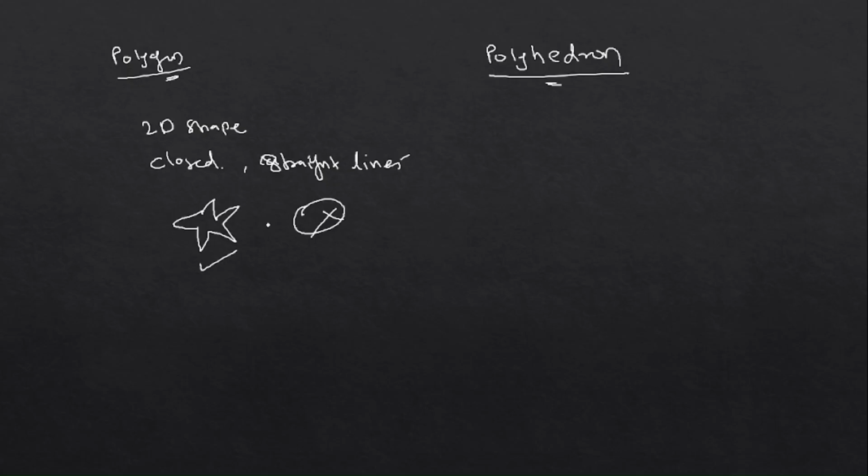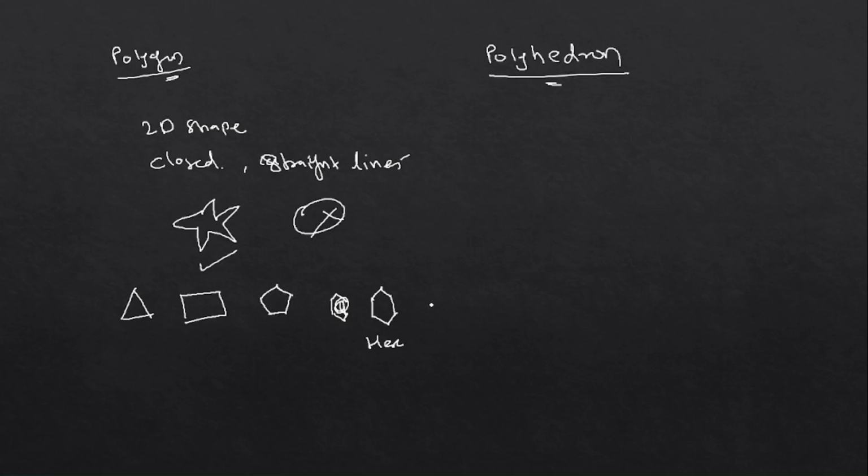Depending upon how many sides there are, we have different types of polygon. If the polygon has 3 sides, it is called a triangle. If the polygon has 4 sides, it is called a quadrilateral. If the polygon has 5 sides, it is called a pentagon. If the polygon has 6 sides like this, it is called a hexagon.